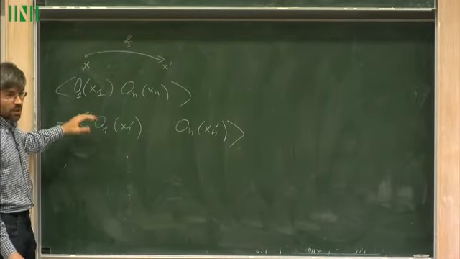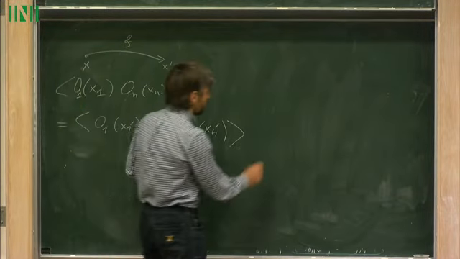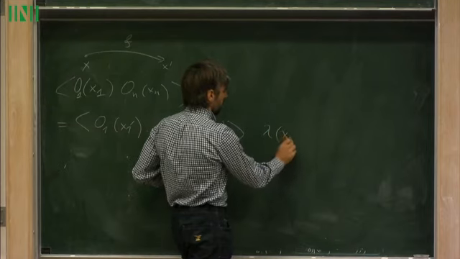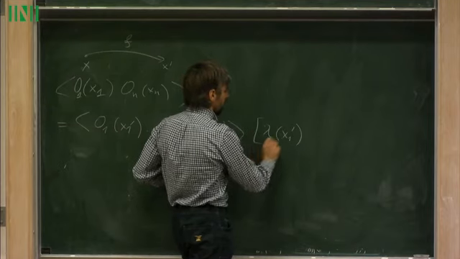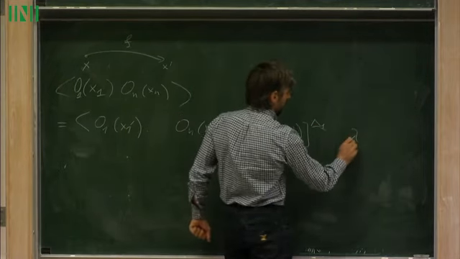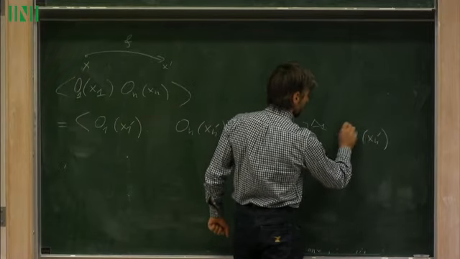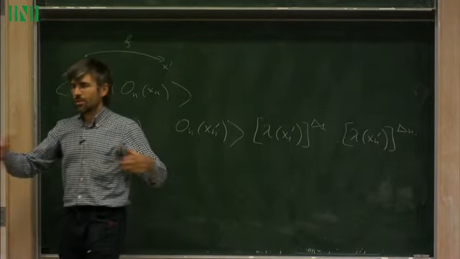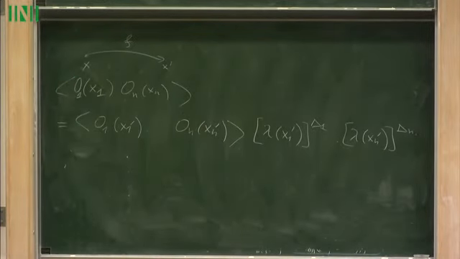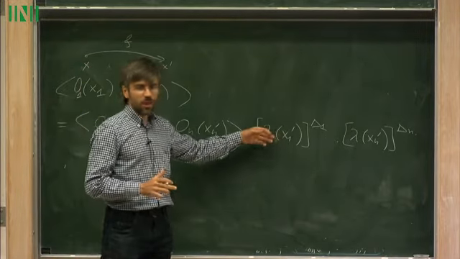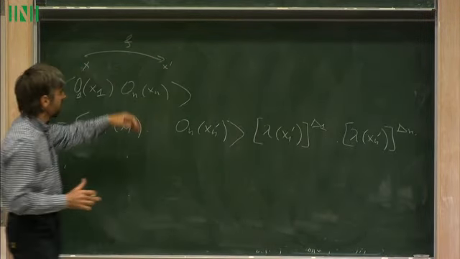They're not exactly equal, but they are related by some local factors, lambda of x1 prime to the power delta 1, through lambda of xn prime to the power delta n, where these lambdas are local. A conformal transformation at every point looks like a rotation and a dilatation. So this lambda is the dilatation factor associated with every point.